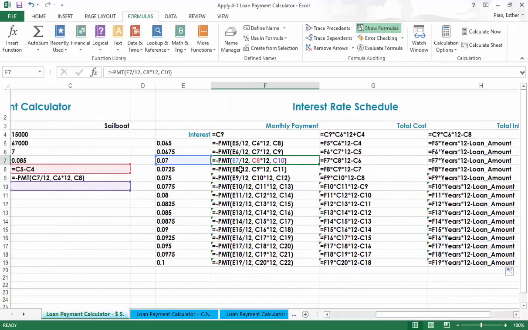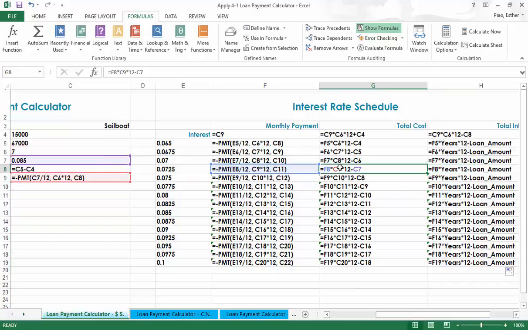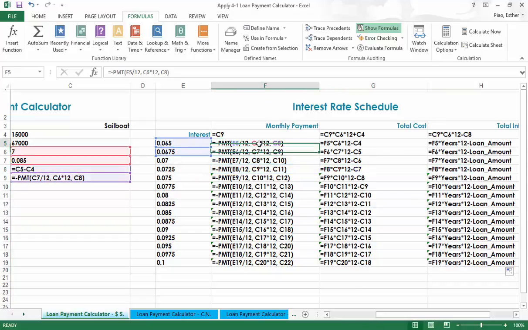You'll soon discover that as we drag it, as we fill those in terms of the series, a couple of things changed. Here we are calculating monthly payment based on this interest rate. The first factor is the interest rate divided by 12, and C6 is the number of payments, the number of years.